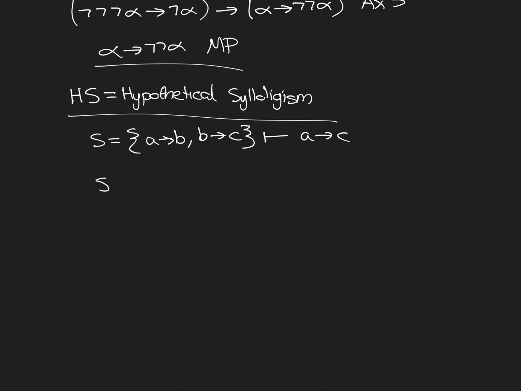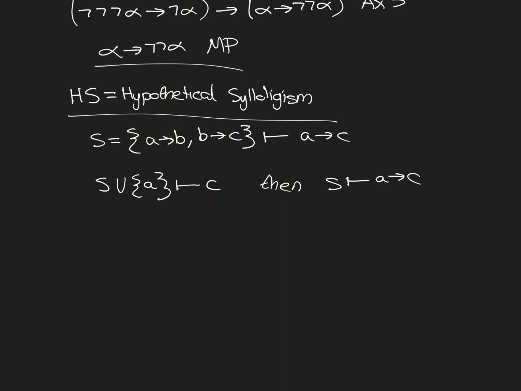Yes. So we would take our set as specified with these two premises in, and we'd add in another premise, which is A, and then if we can prove from this C, then by the deduction theorem, S alone would prove A implies C. But doing this is really easy.